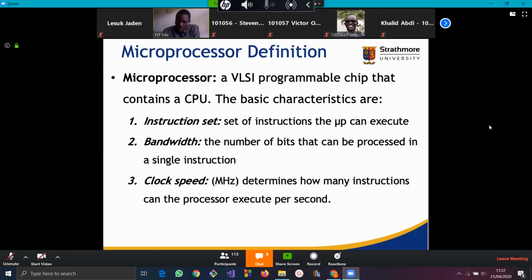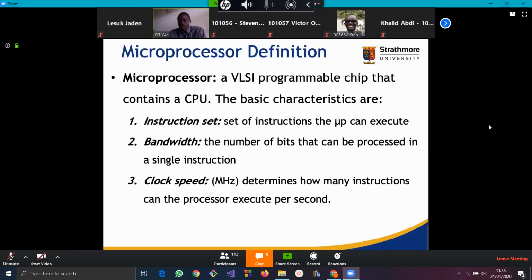So the instruction set, this is just the set of instructions. This defines the language that the microprocessor uses. Different processors might use different languages. In layman's language, maybe if you have a program that only runs on Java, its instruction set for that program will be Java.